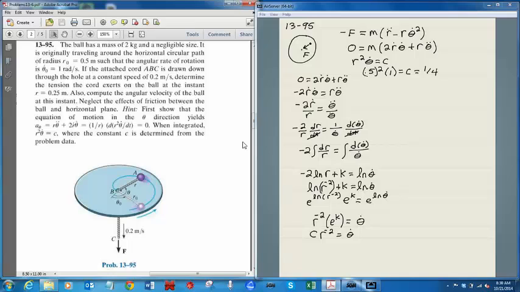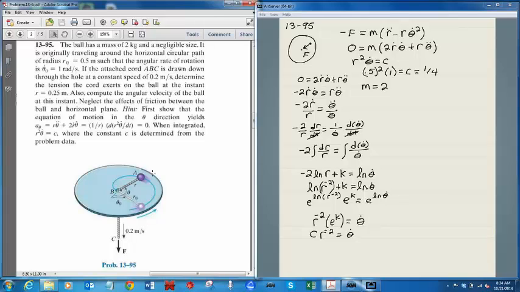So the mass is 2 kilograms. The problem statement tells us that the rope is being pulled in at a constant rate of 0.2. So r dot is getting smaller, so it'll be negative, with a magnitude of 0.2. If r dot is constant, then r double dot is 0.